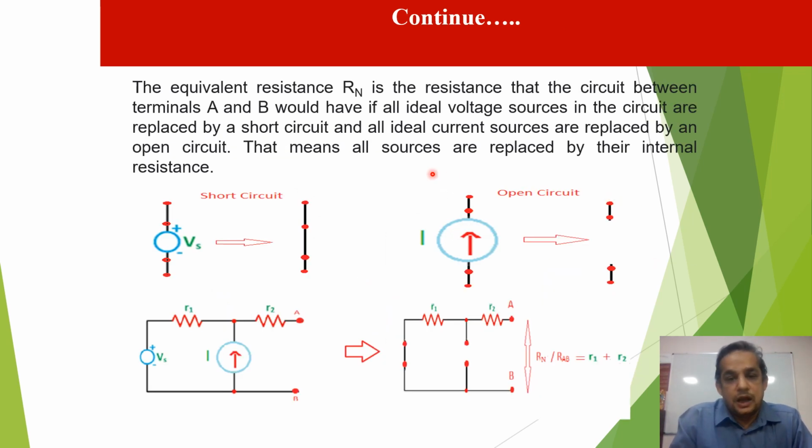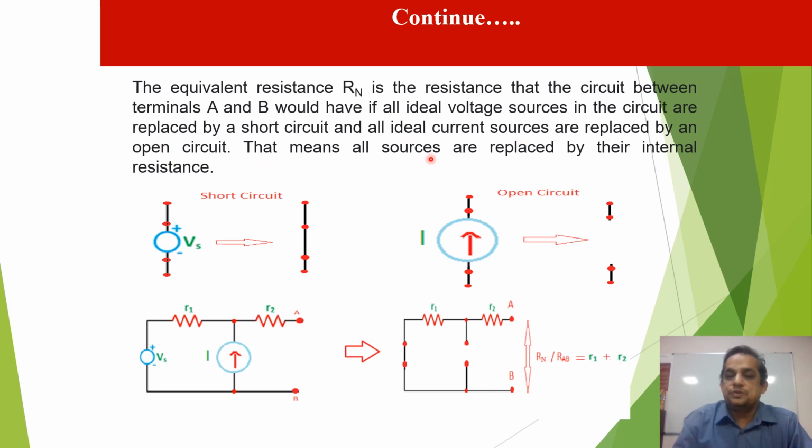Now come to how to calculate the Norton resistance. This is very simple, the same method. You know how to calculate Thevenin resistance, same as the Norton resistance. The equivalent resistance RN is the resistance that the circuit between terminals A and B would have if all ideal voltage sources in the circuit are replaced by a short circuit and all ideal current sources are replaced by an open circuit.